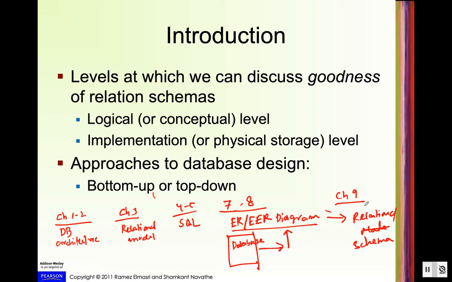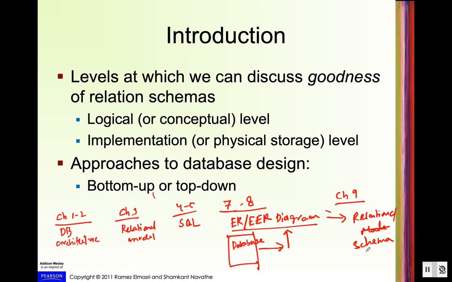All right, so that relational schema, we can run some SQL on it, and that we discussed in chapters 4 and 5. So these are all we have gone through so far in this database course. All right, so we learned about the conceptual model, and we learned about the implementation model.